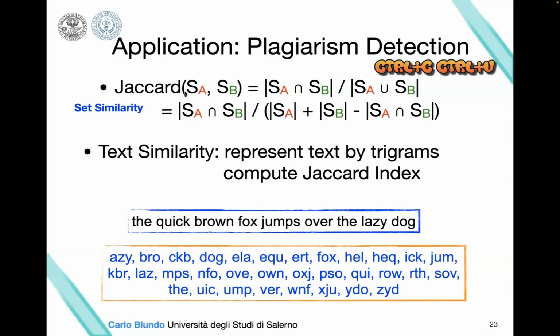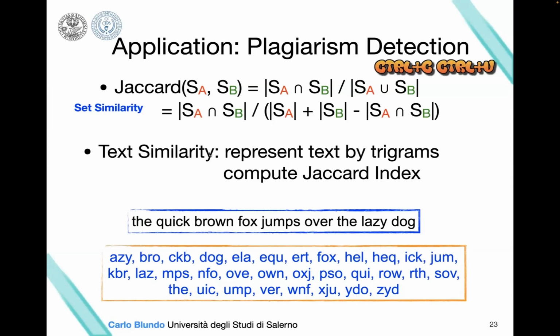We encode the text in sets. I'll show in a moment how we can do this. We can compute the intersection of the two sets, and from the size of the intersection of the two sets it is possible to determine whether the two sets are similar or not.